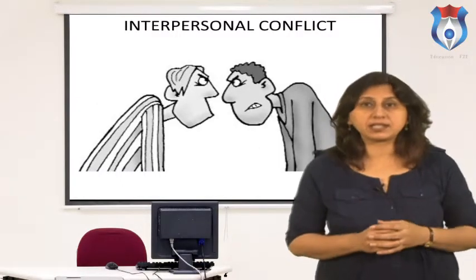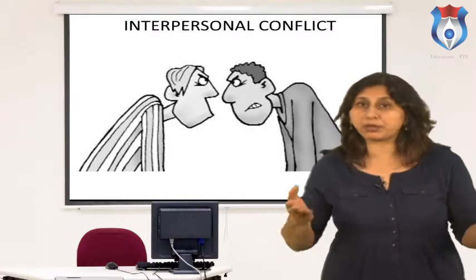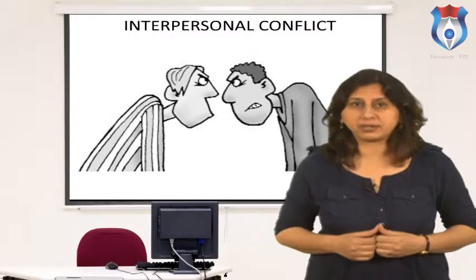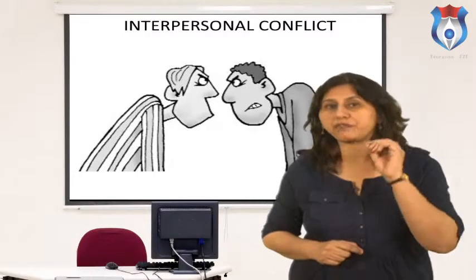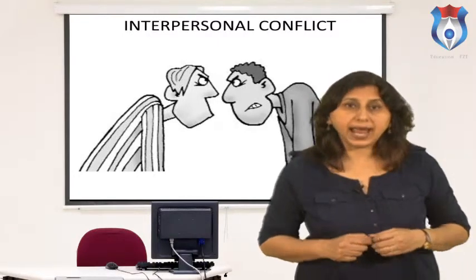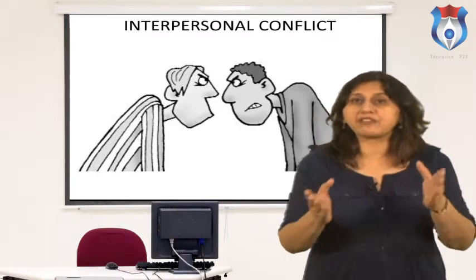Interpersonal conflict occurs when two people have incompatible needs, goals, or approaches in their relationship. Communication breakdown is often an important source of interpersonal conflict, and learning communication skills is valuable in preventing and resolving such difficulties.